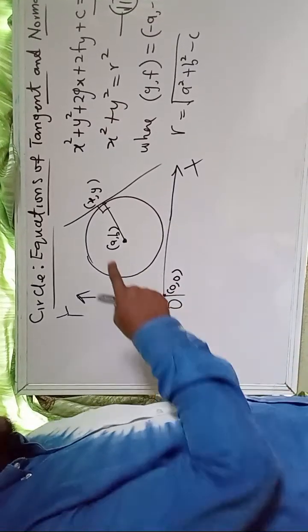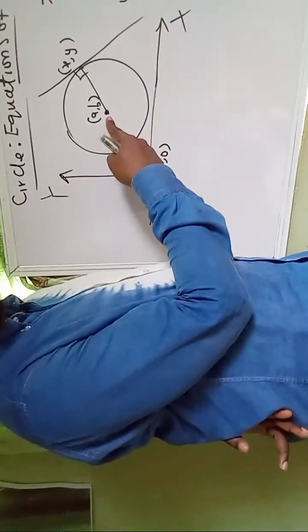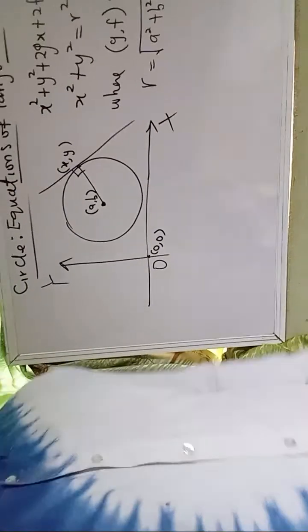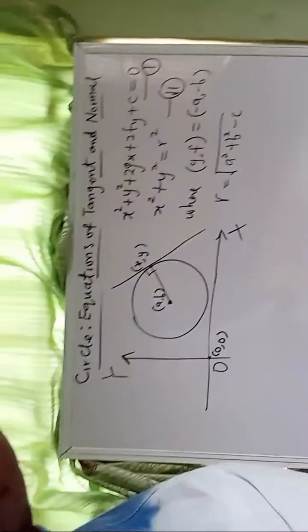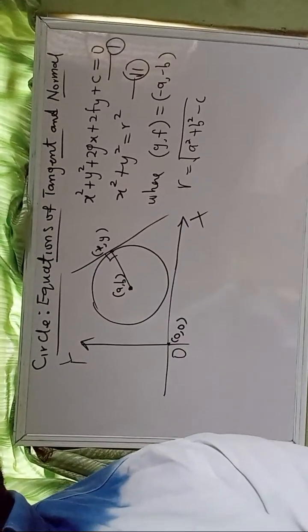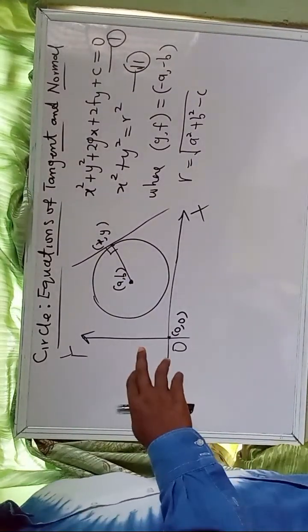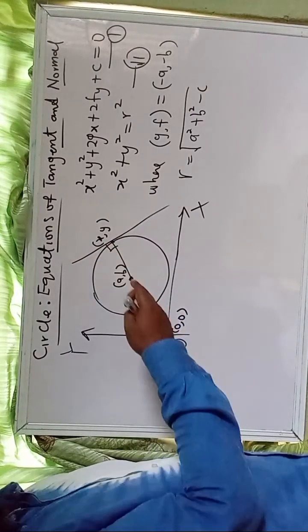In this case, you will see that this line has been drawn in such a way that it is perpendicular to this, perpendicular in the sense that this line forms an angle of 90 degrees to this line.